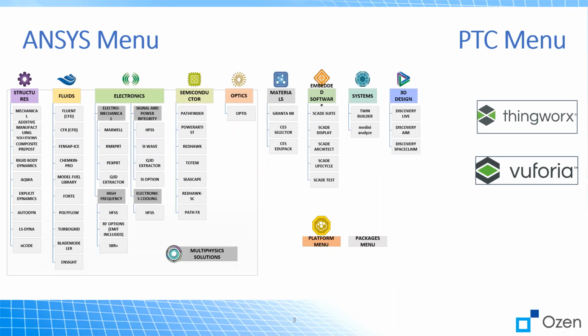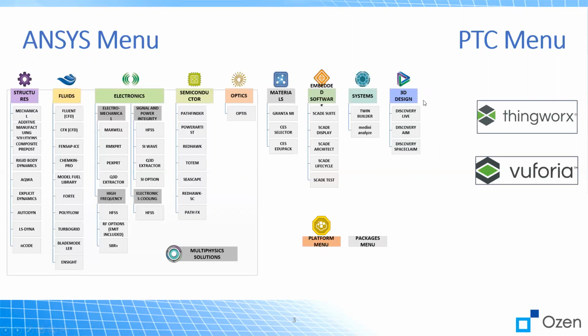We are the LA channel partner of ANSYS, and at the same time, we are a channel partner of PTC. On the ANSYS side, we have a lot of structural, fluid, electromagnetic, and also semiconductor and optics-related simulation tools, as you see here. Also, we have tools for materials, embedded software, systems, and 3D design.